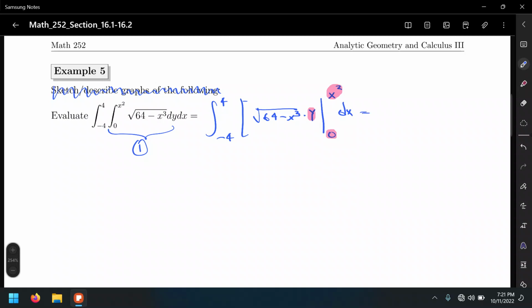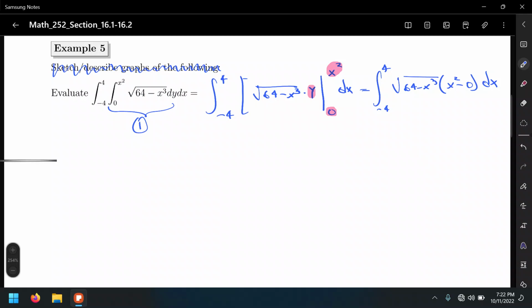So this means the integral from negative 4 to 4 of the square root of 64 minus x cubed, and then the upper limit, which is x squared, minus the lower limit, which is 0, with respect to x. And of course, x squared minus 0 is just x squared.